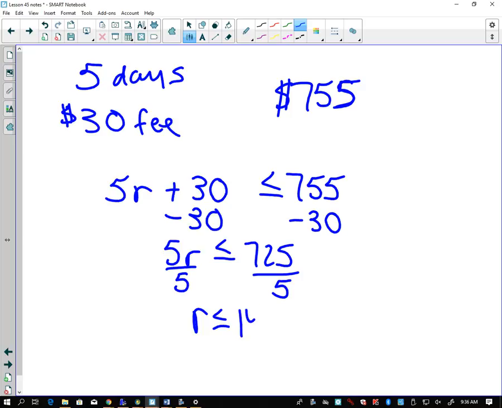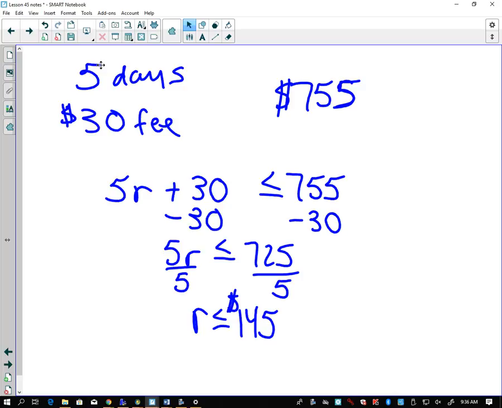Okay, 145. So we can spend at most, right? We want our rental fee to be less than or equal to $145.